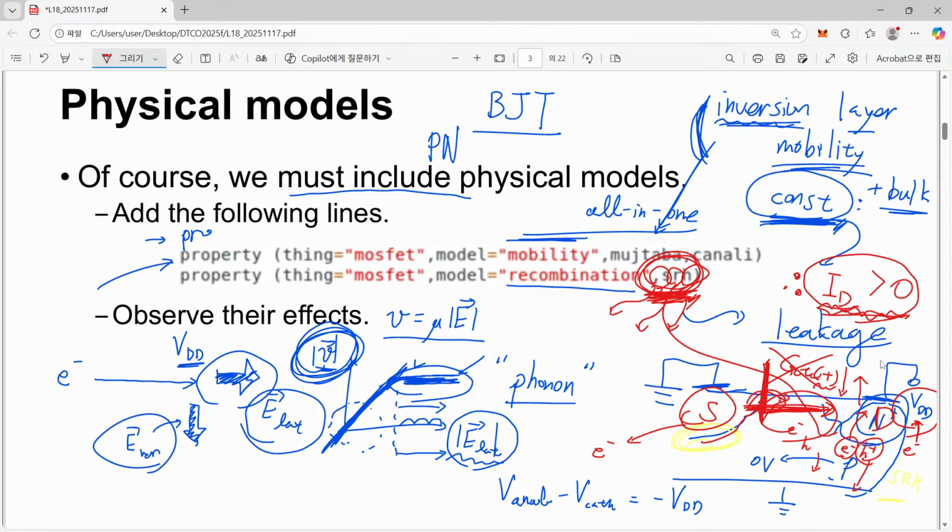Why is it important? If you are talking about logic devices, then in many cases your devices are turned off. When you turn off your device in your system, usually there are two cases. The gate is turned on, however the drain is turned off.